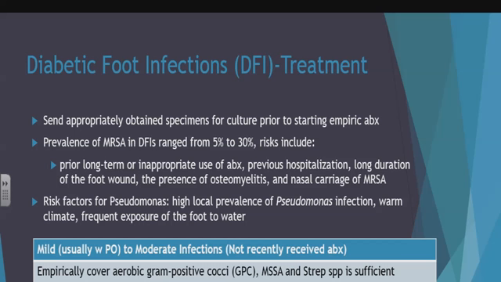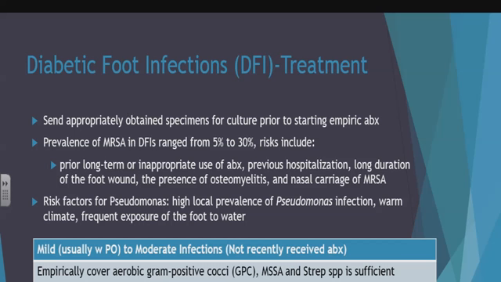And again, these are polymicrobial, so it could be MRSA and whatever else is growing in there, okay? Risk factors for Pseudomonas would include a high local prevalence of Pseudomonas infection, warm climate, which is what we have here in Florida and San Juan, and frequent exposure of the foot to water, because that's where you're going to be getting Pseudomonas from.